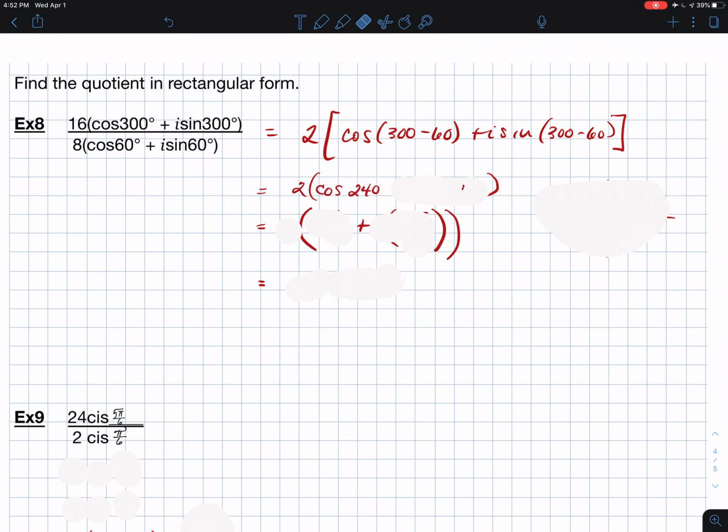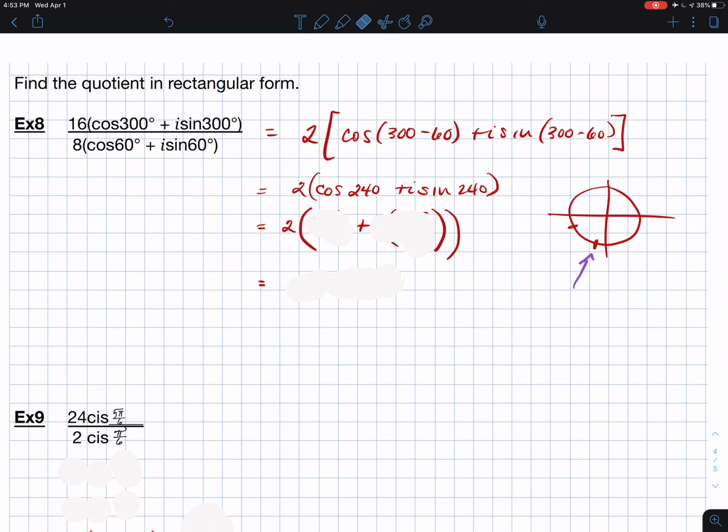We'll clean that up so that I get 240 for my theta. Once again, notice that in the directions we're asked for rectangular form. If we were asked for polar form, I'd be finished. But let's simply simplify, so I'll need the unit circle for that. 240 degrees is going to be this guy down here.